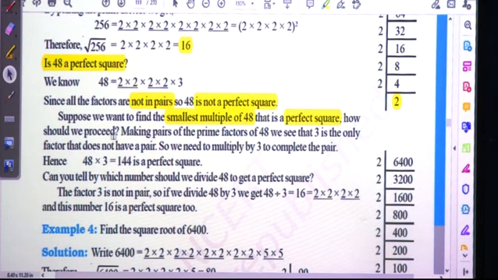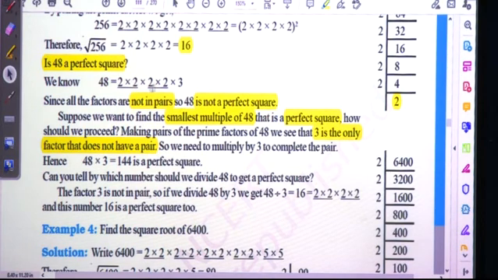How should we proceed? What should be done for that? Making pairs of the prime factors of 48, we see that 3 is the only factor that does not have a pair. Yes, we have understood here.